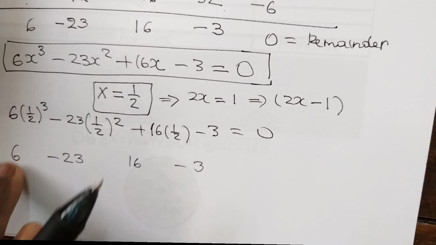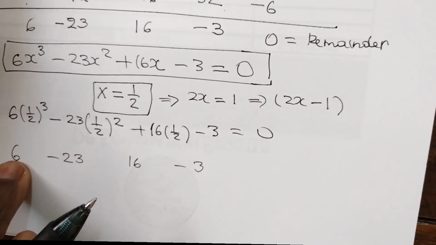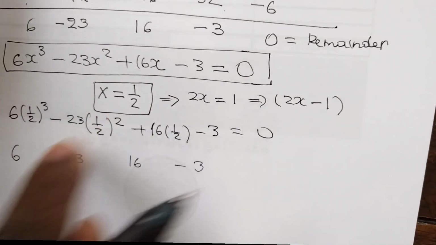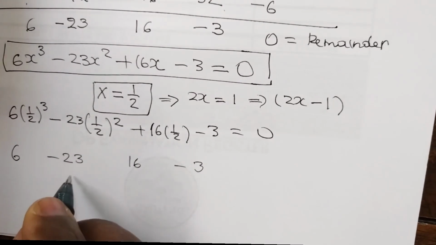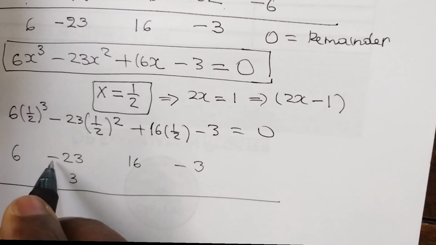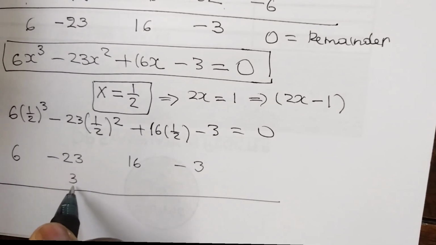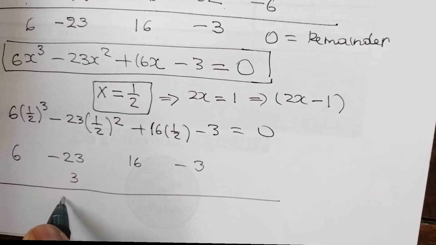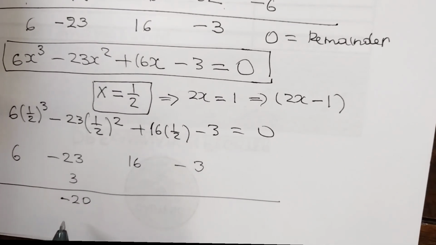We multiply by the coefficient here, 6. So we're going to have 1 all over 2 times 6. It is 3. Minus 23 plus 3, it is minus 20.